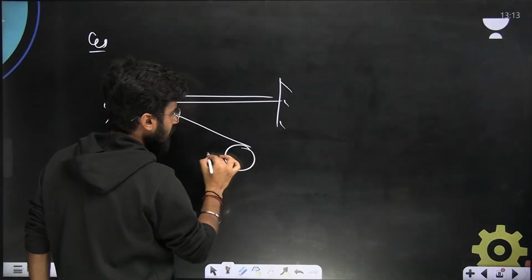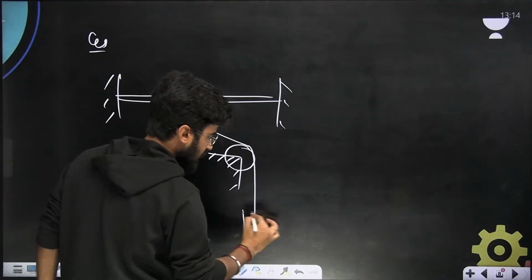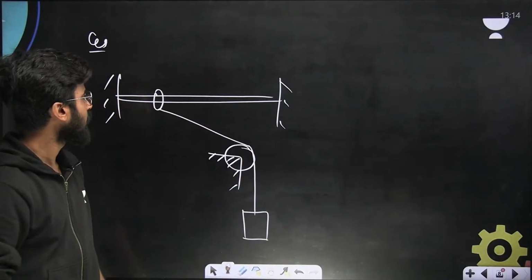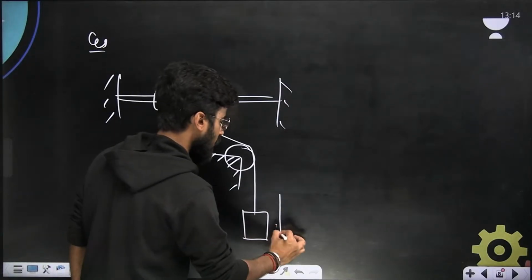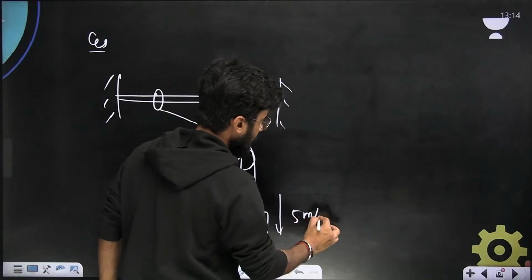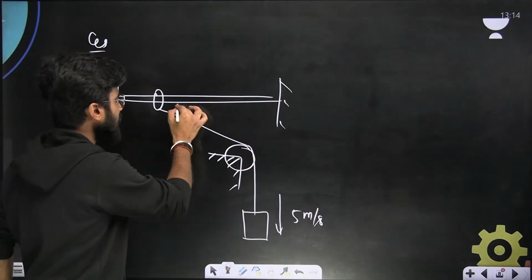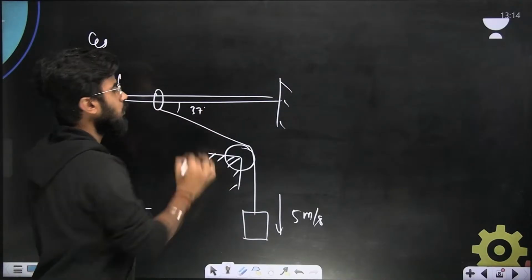There is a pulley which is fixed on a particular thing, and there is a block also connected with the pulley by the string. Suppose that at a particular time the block is moving in this direction with a velocity of 5 meters per second, and the bead is making an angle of 37 degrees at that time t.